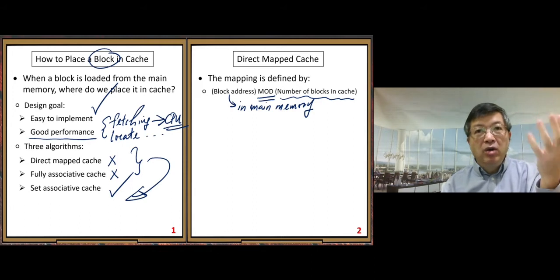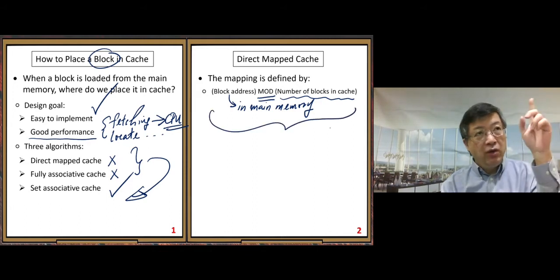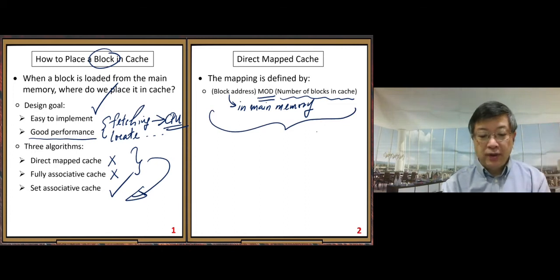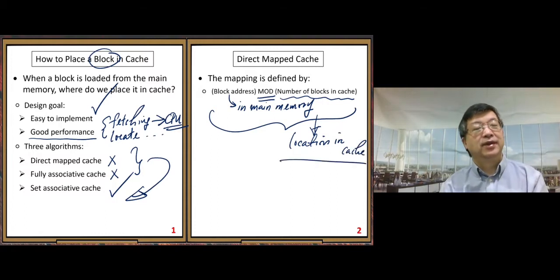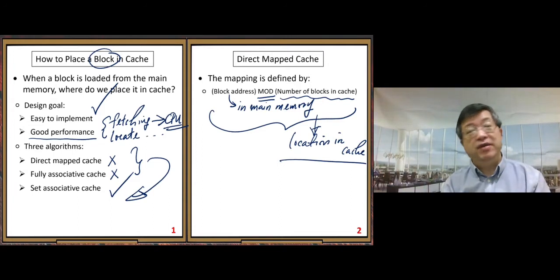That remainder will be used to give us the location of that block in cache. How about that? That method is simple, right? Very, very simple.